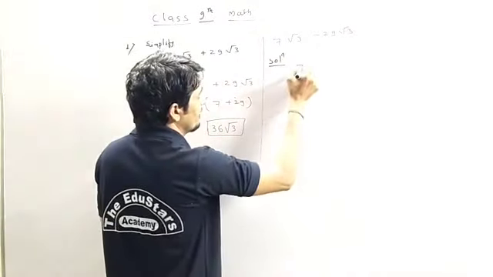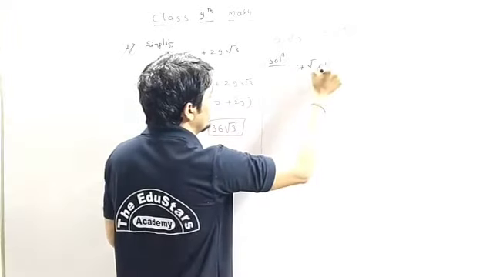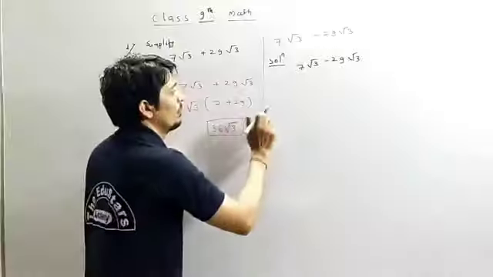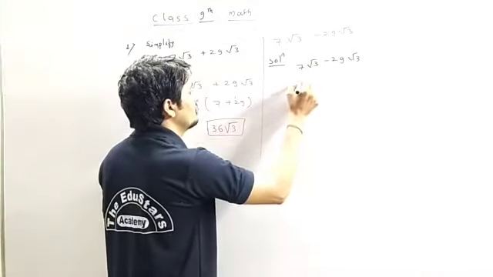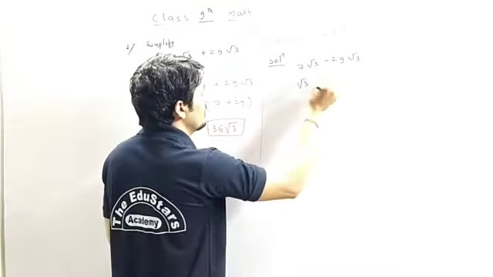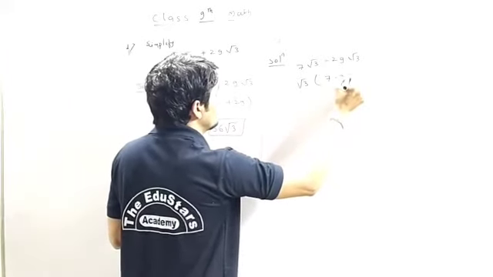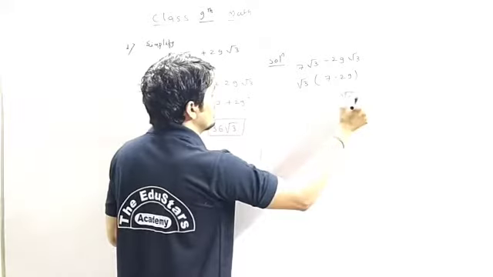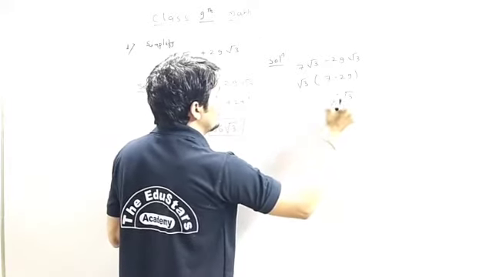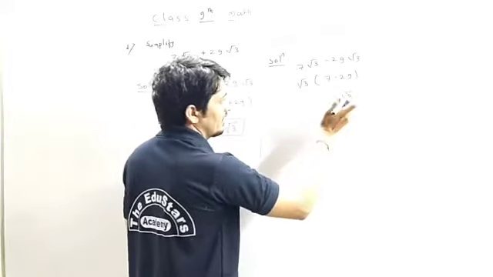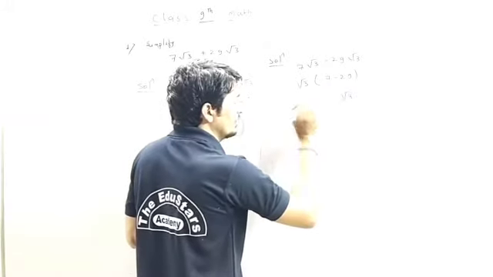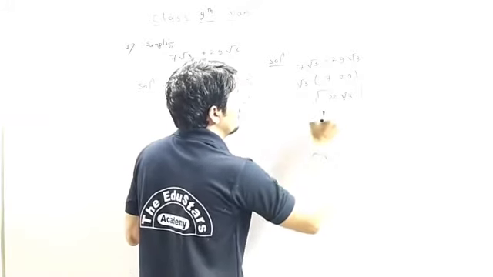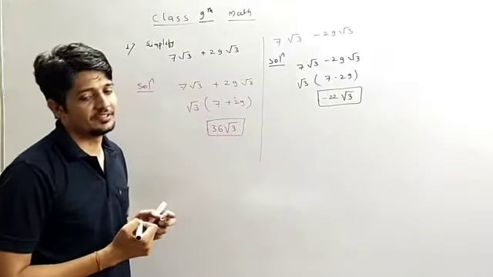Again we have root 3 common. So we have to take root 3 common. So what will remain inside? 7 minus 29. So 29 minus 7 is 22, so minus 22 root 3 will be the answer.